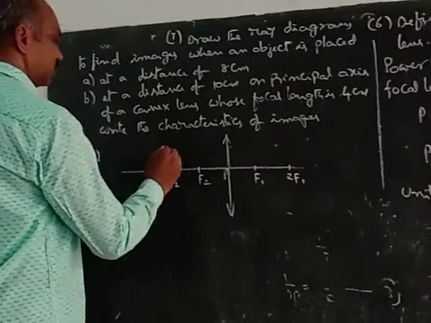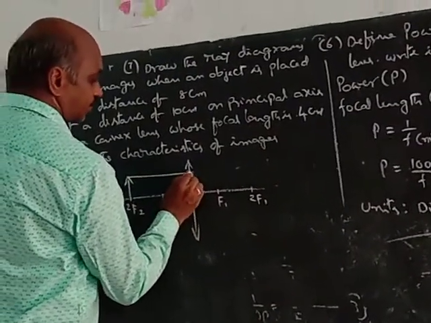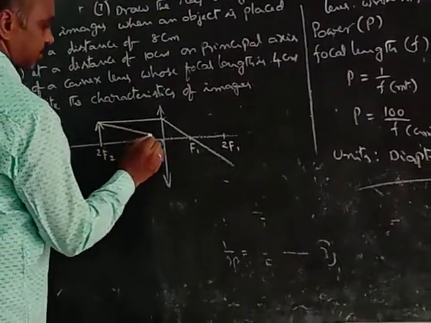One ray is passing parallel to the principal axis, and after that passing through F1. Another ray is passing through the center of the lens.